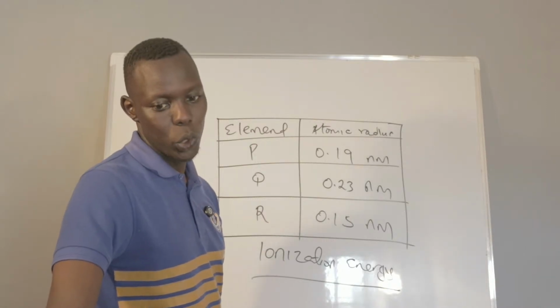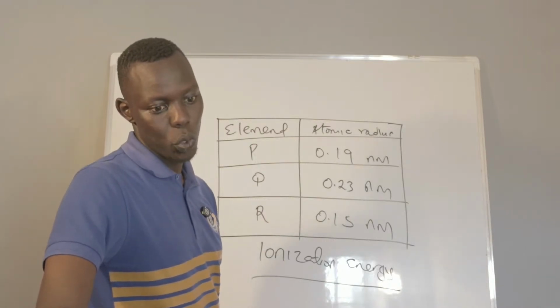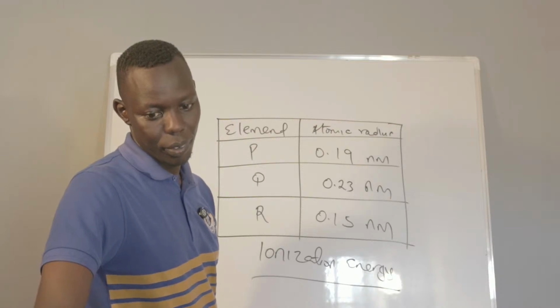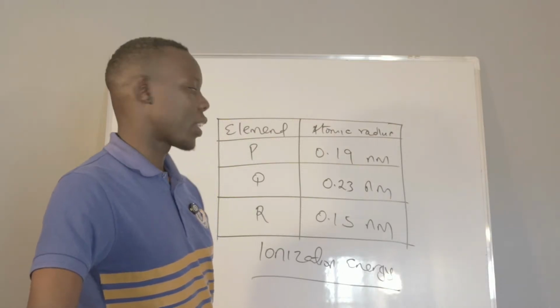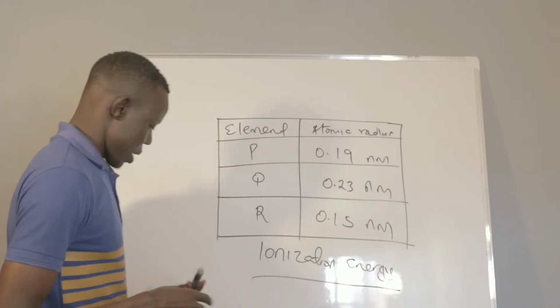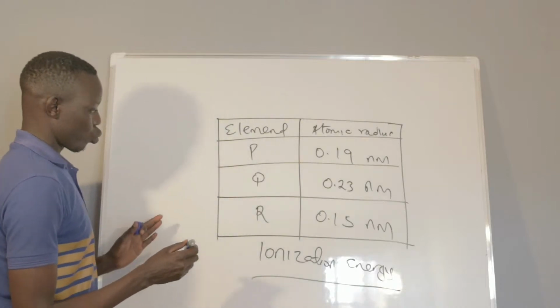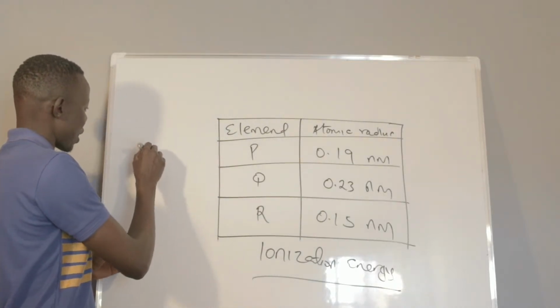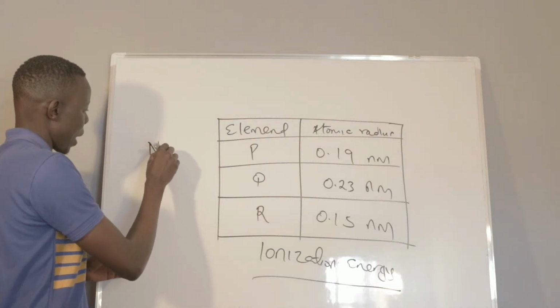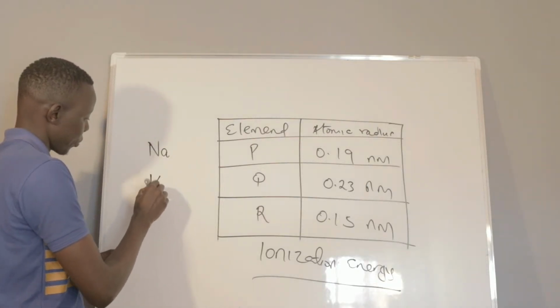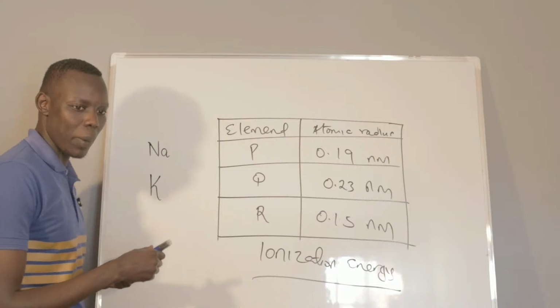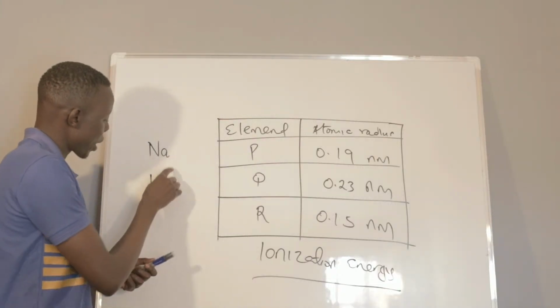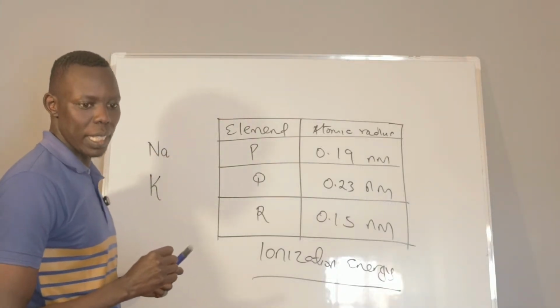I will take you from what you know to what you don't know. Some of you are typing. Look here. I want us to go slowly. Here we have sodium and here we have potassium. Between sodium and potassium, which one is the most reactive?